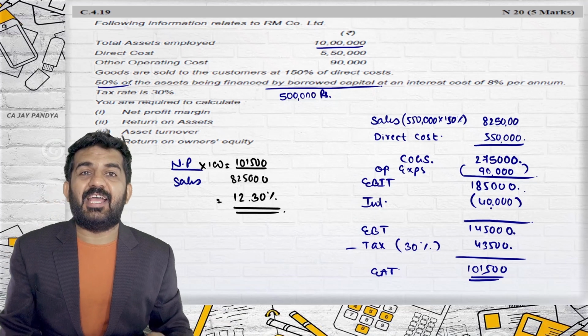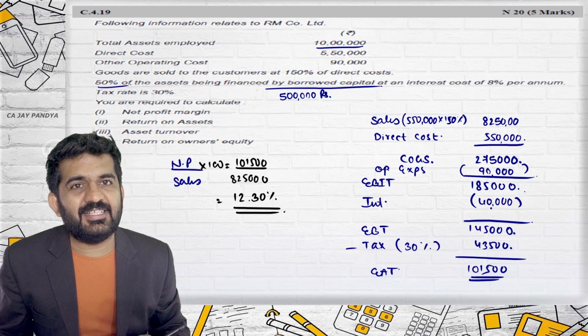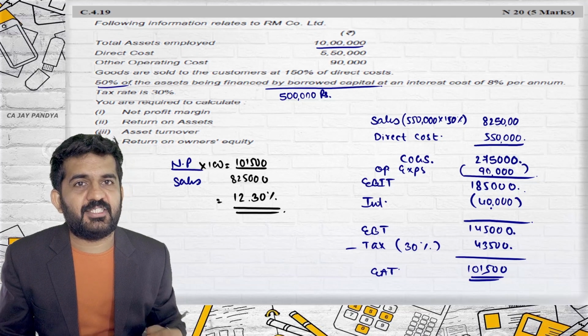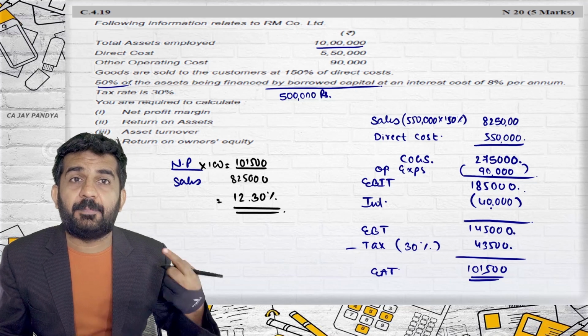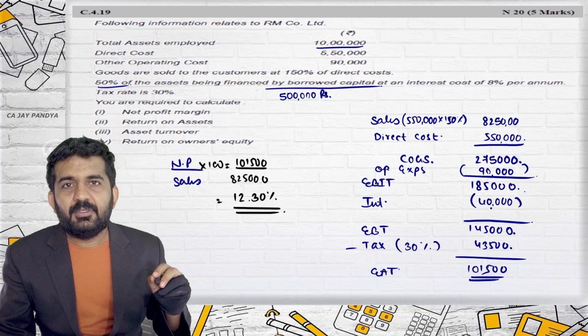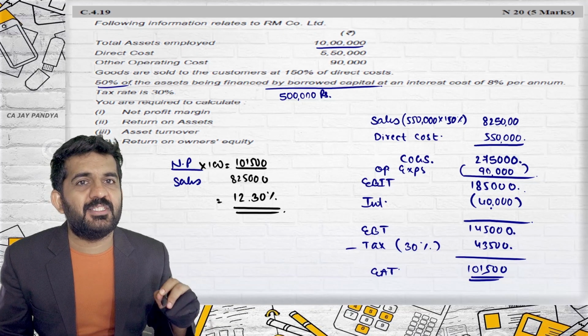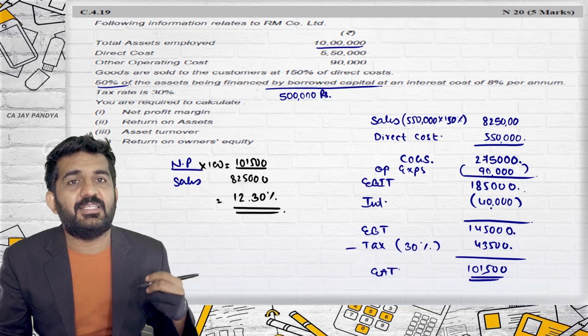Return on assets. Now try to concentrate. Return on assets can be found out post-tax, can be found out pre-tax. It can be found out pre-interest also, it can be found out post-interest also. This practically also means a return on capital employed, which we normally take as EBIT.